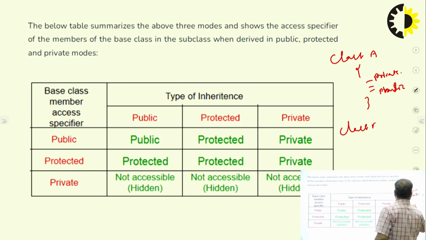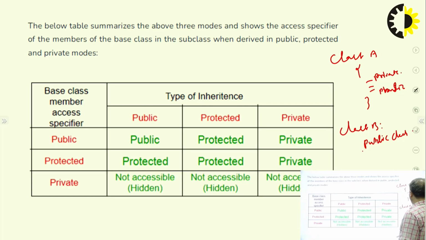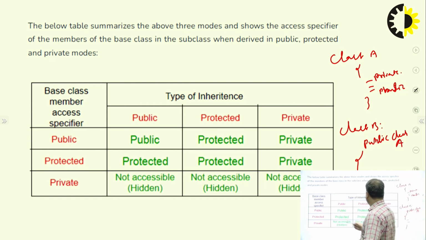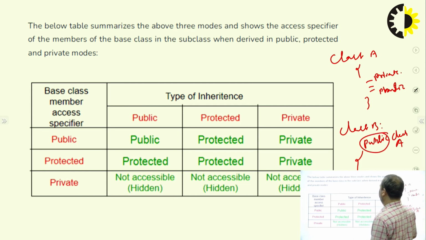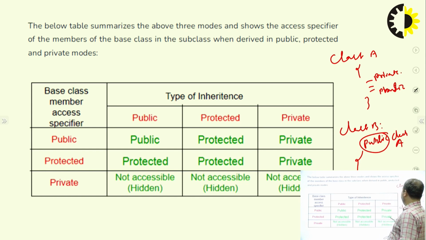Let's derive class B. Here we write public class A, so the base class is derived publicly. Looking at the table, if it is public inheritance, the public members of the base class become public, protected members become protected, and private members of the base class become private.